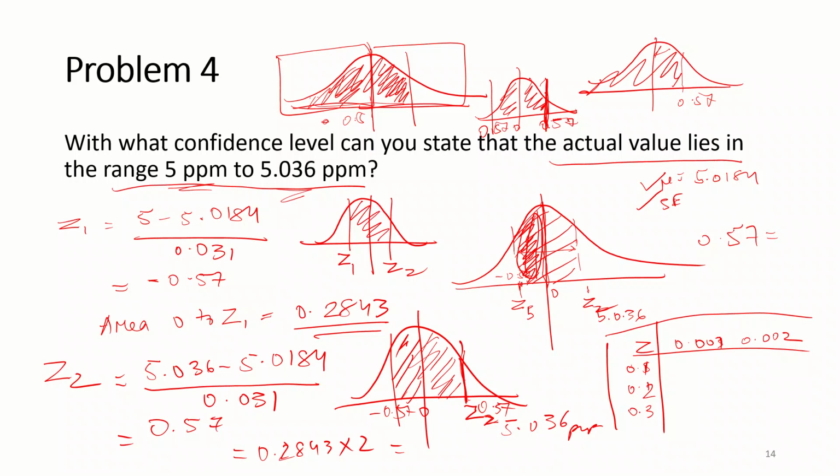What is coming? No, the double, yeah, it's coming like that. It's 0.5686. Okay, yeah. So basically 56% of the data will lie, with 56% confidence it will lie in that region.